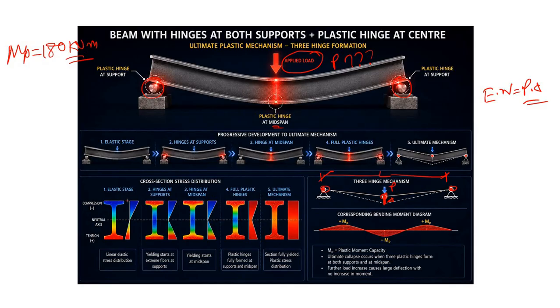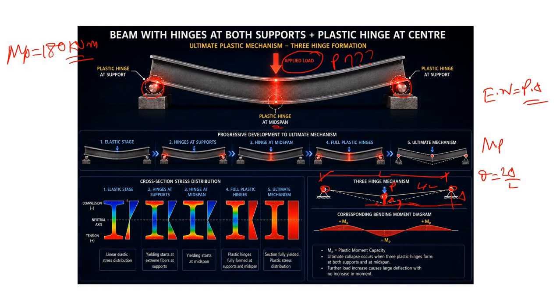What is the internal work? Internal work will be the rotation times moment. So moment is known to us, that is MP. And what is the rotation? So if this is delta and this is L by 2, the rotation theta will be delta by L by 2 or 2 delta by L. Any confusion? No confusion, right? So what is the internal work done?